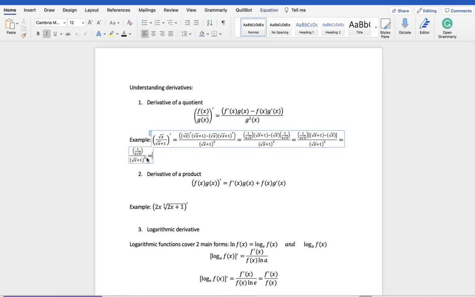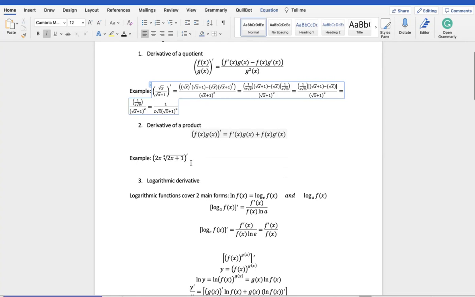And I think you can simplify this further to be equal to 1 over 2 multiplied by the square root of x multiplied by the square root of x plus 1 squared, and that should be the final form that you reach, right?